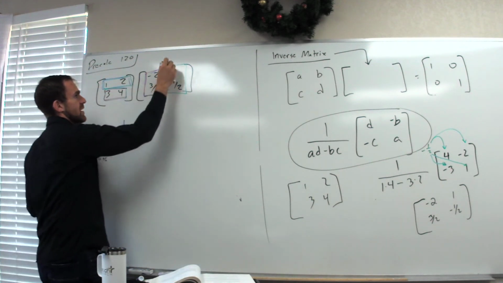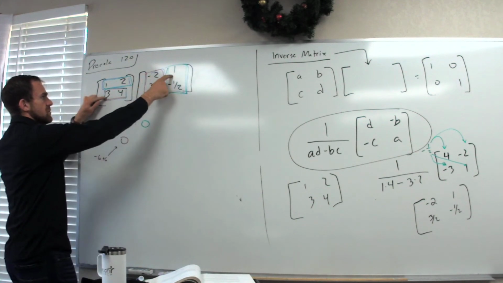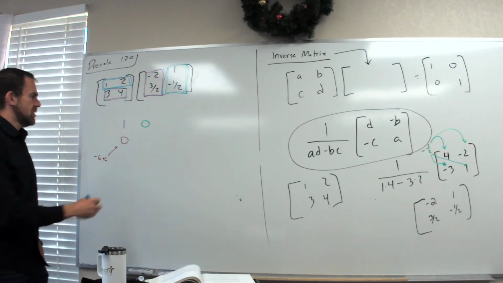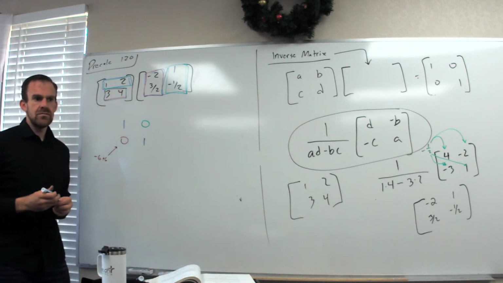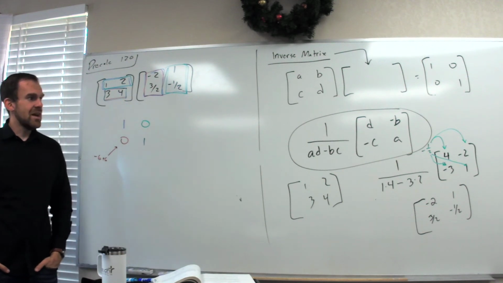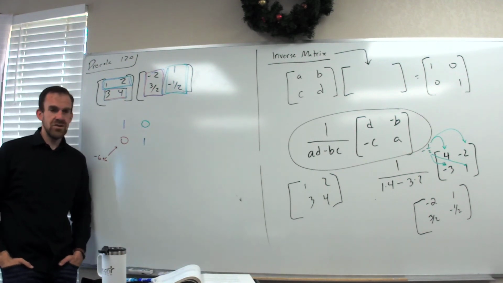Second row, second column. 3 times 1 is? 3 minus 2 is 1. Whoa. So that's how you find the identity or the inverse matrix.